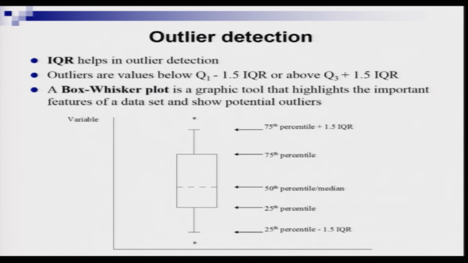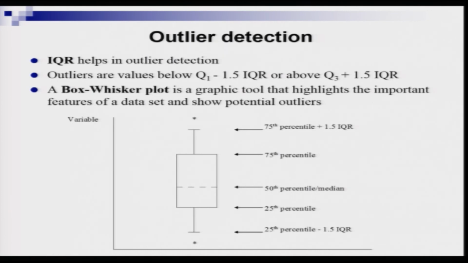The uppermost line or the border for this rectangular box marks the 75th percentile, or the third quartile of my variable, and inside the rectangular box you see a dashed line parallel to the x axis that gives me the median, or it actually tells me where my 50th percentile value lies.